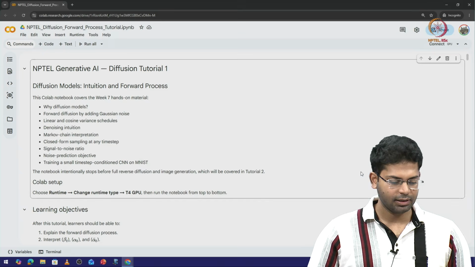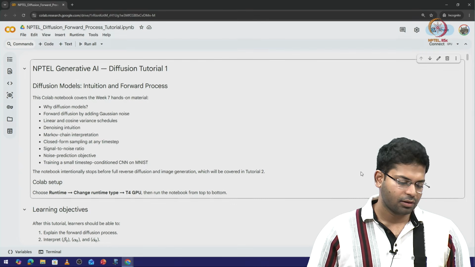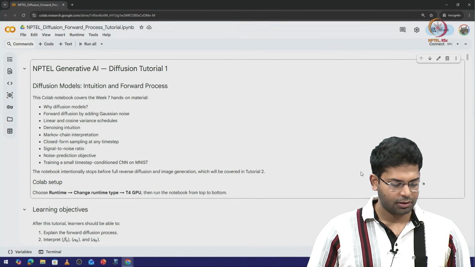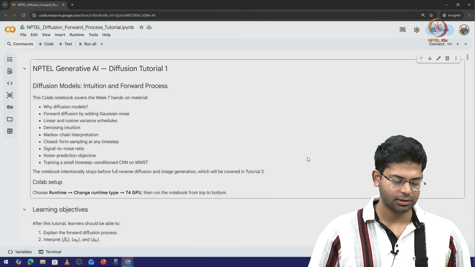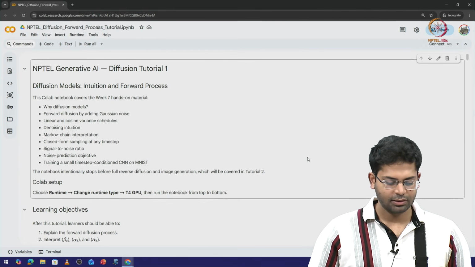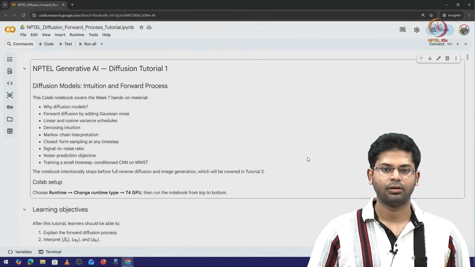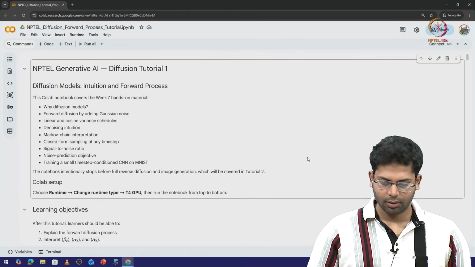It covers the linear and cosine variance schedules of the noise addition to the signal or the image, the denoising intuition, Markov chain interpretation of the diffusion process, closed form sampling at any time step and how it compares to the iterative process, signal to noise ratio, noise prediction objective, and training a small time step conditioned CNN on the MNIST dataset.